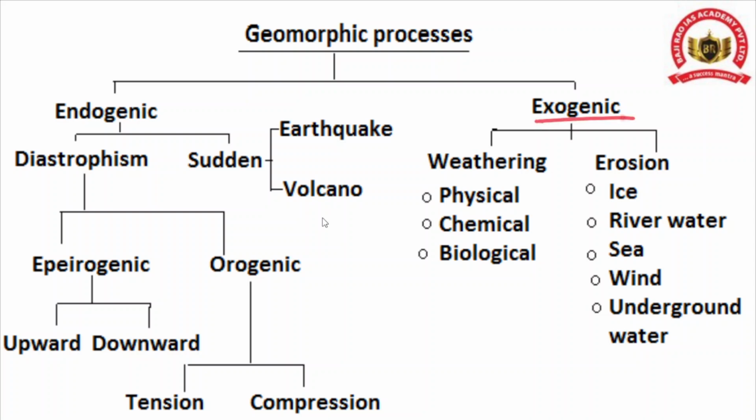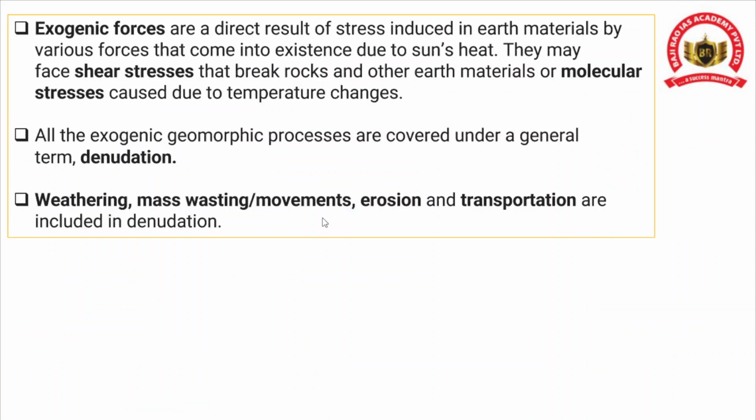Now these exogenic processes, as I have told you, are a result of shear stress, a stress that takes place on the surface of the earth. All the exogenic geomorphic processes are covered under the general term denudation.